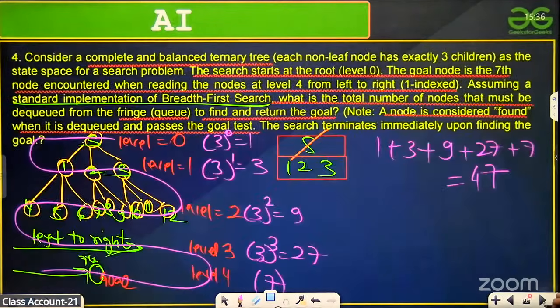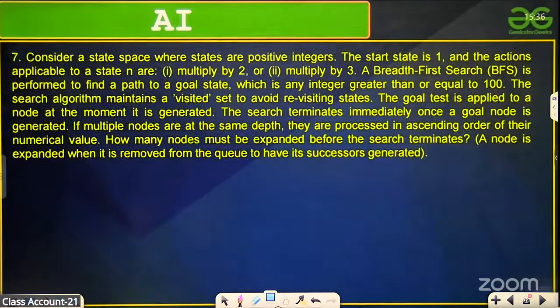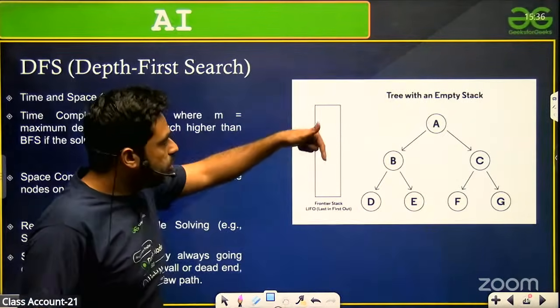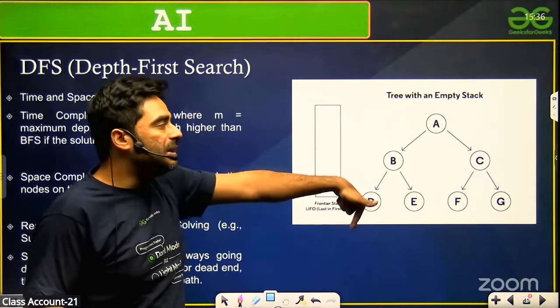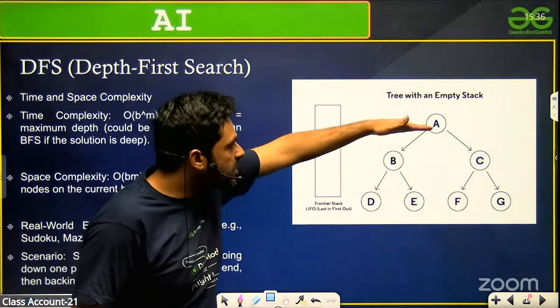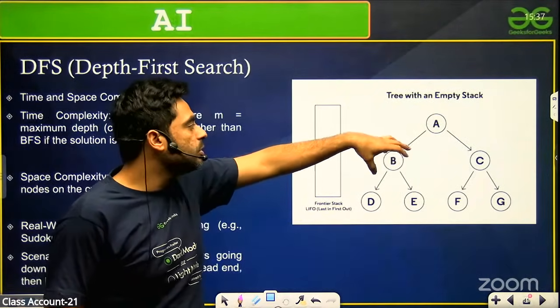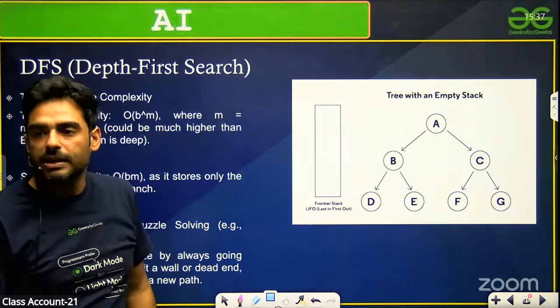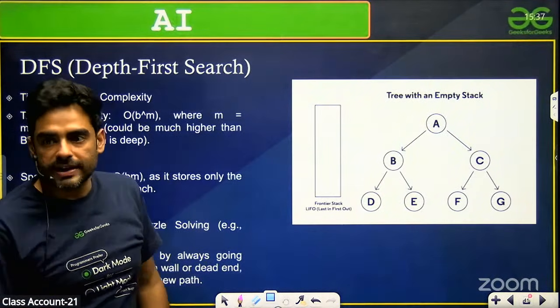DFS works by reaching the deepest node. But BFS only travels to the shallowest node, just the immediate level. It explores the nodes at its immediate level. That is why the word shallowest is used. I hope you are getting this.